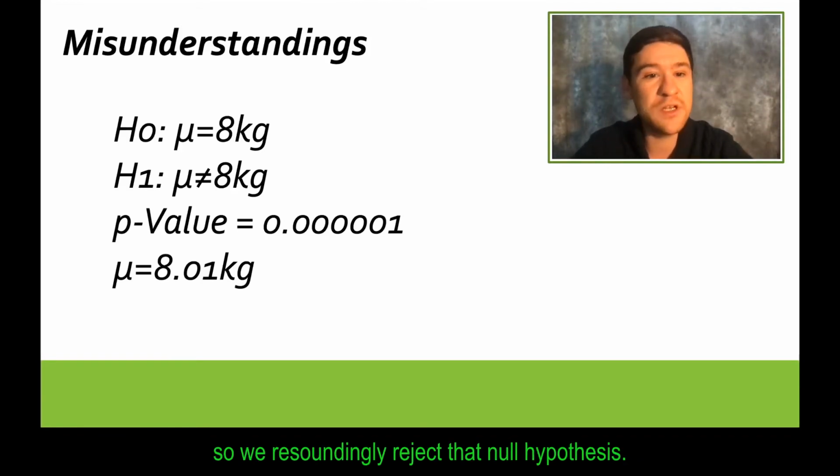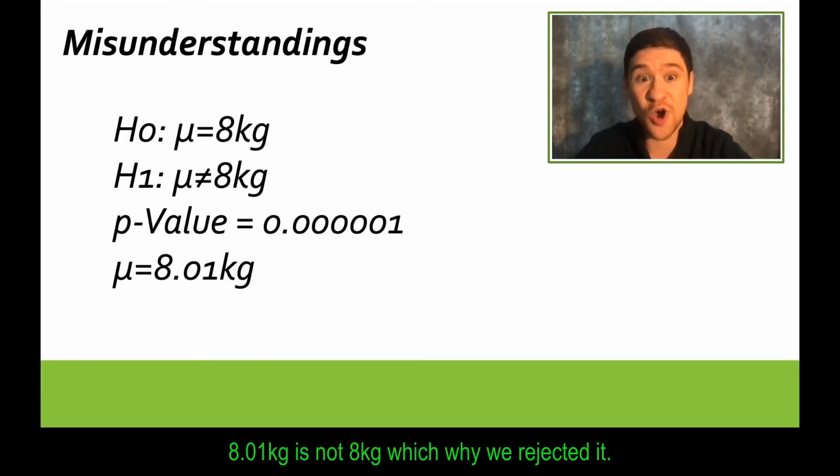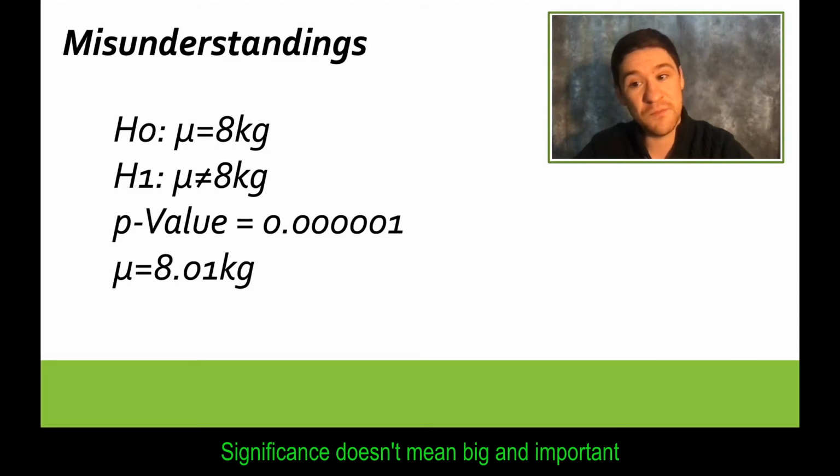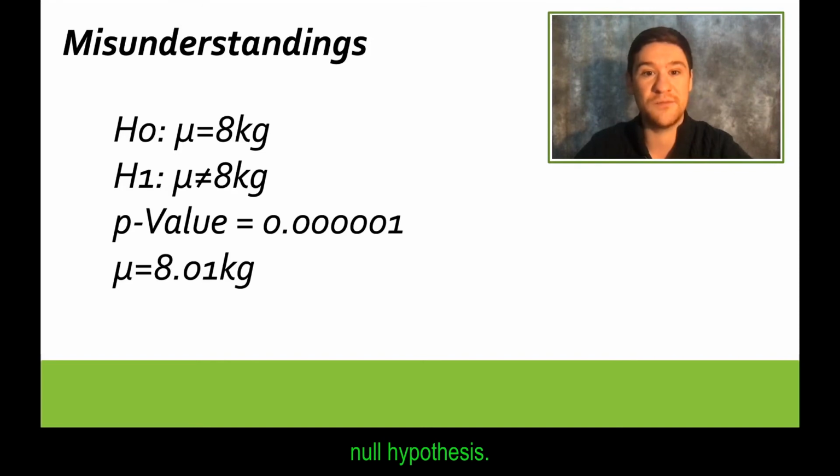So we resoundingly reject that null hypothesis. Whereas in reality, the population mean was 8.01 kilograms. 8.01 kilograms is not 8 kilograms, which is why we rejected it. Significance doesn't mean big and important, and we are only comparing to that very precise null hypothesis.